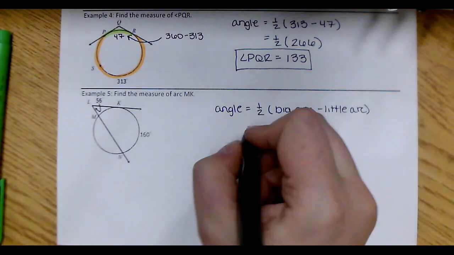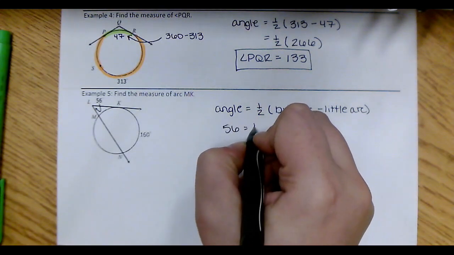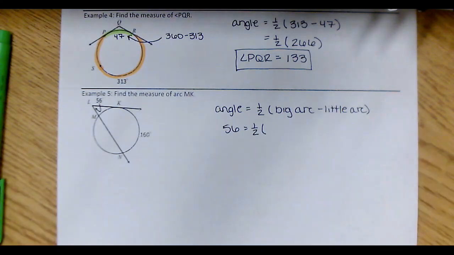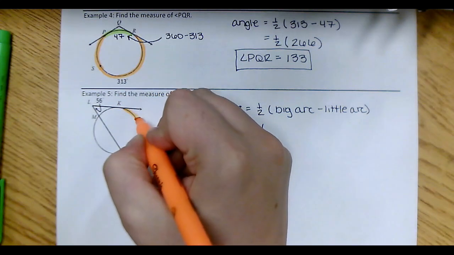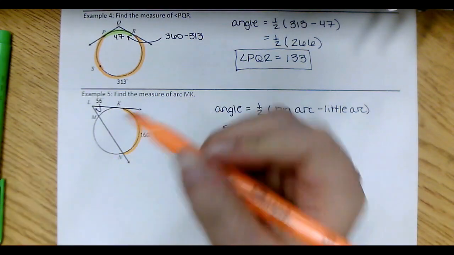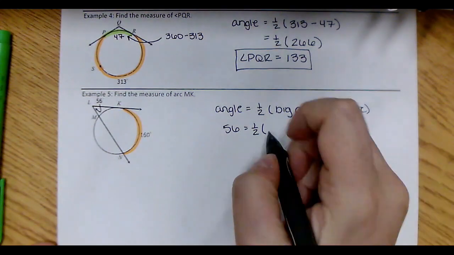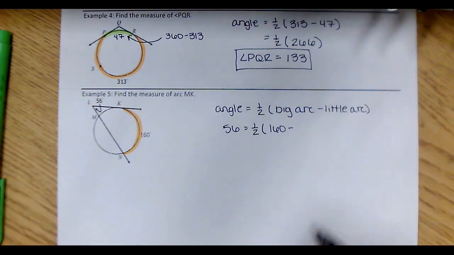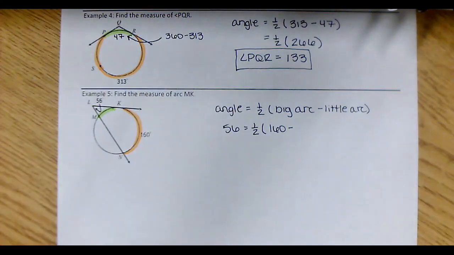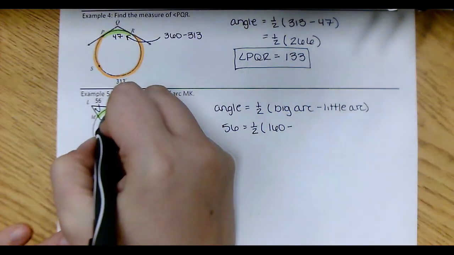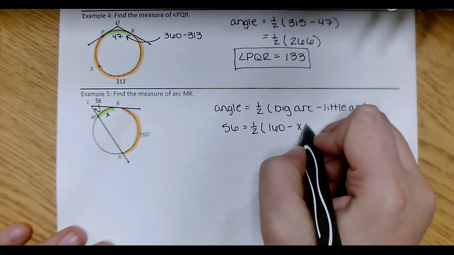So right there, it's 56. Then we do have the big arc that's in between those two lines, which is 160. But what we're missing is a measure for this little arc, which I'll just go ahead and say that it's X to make it easier to plug it in.